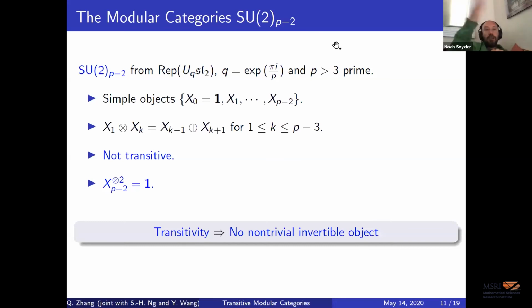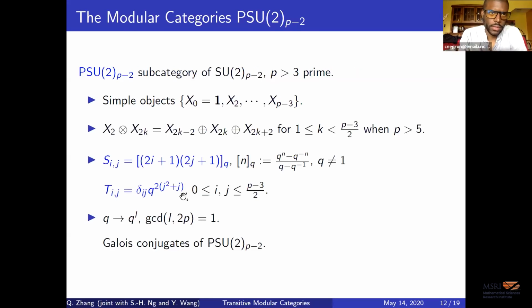But you could choose any other root of unity that was the same kind of root of unity. So this is like a q, and you change it by Galois conjugate. That's what I mean. They look exactly the same categorically, but they are not the same as modular categories. The fusion rules are the same. Okay, thanks.